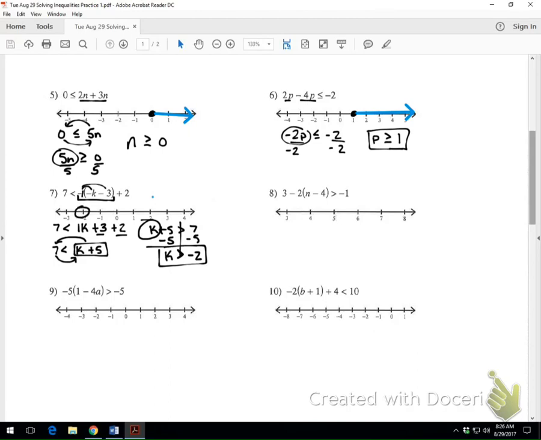And then shade to the left or to the right? To the right. Yes. How did you get negative 2? Oh, yeah, you're right. Sorry. Should be positive 2. Open circle here, then shade to the right.